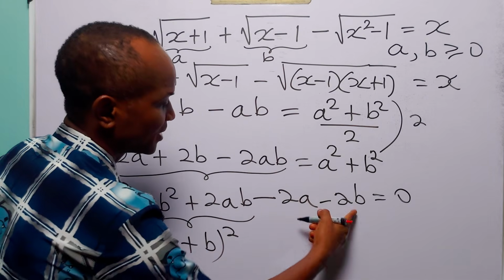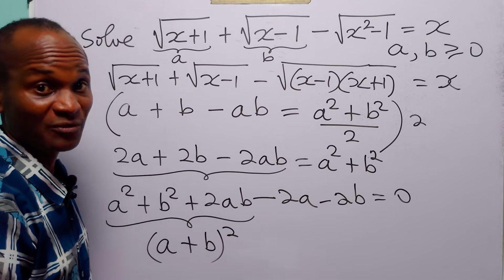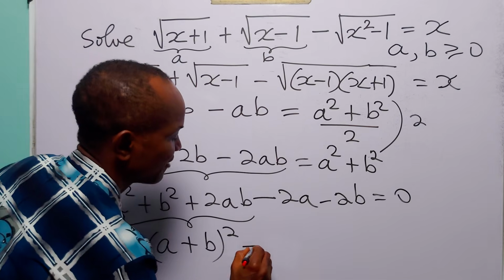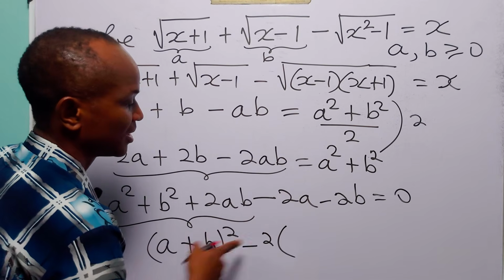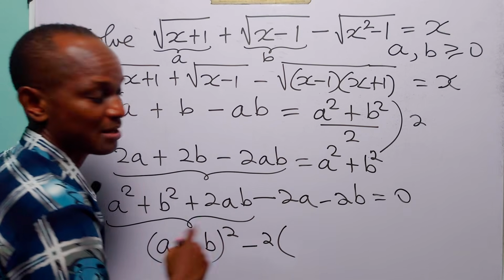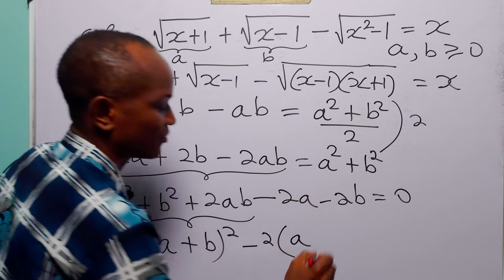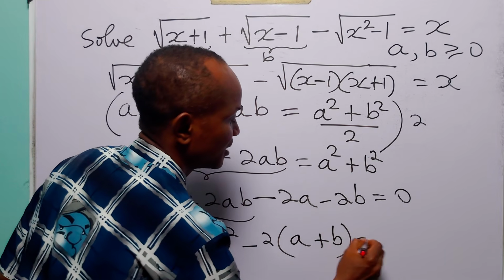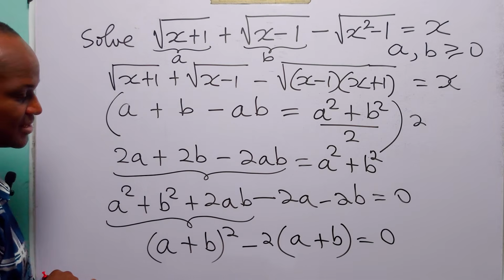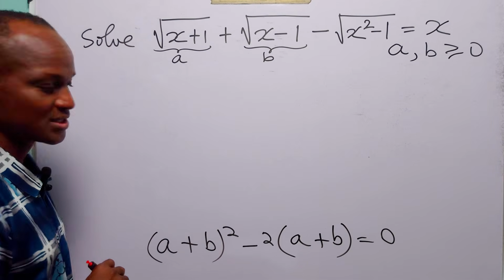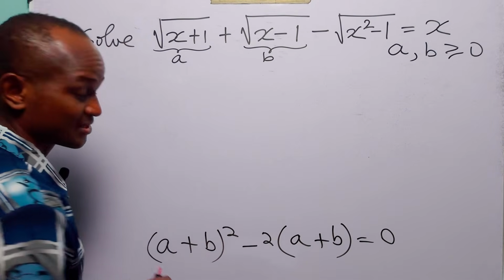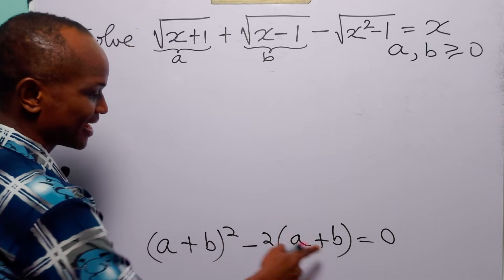Now here, when you look at these two terms, you'll see a common factor, which is 2. So we have minus 2 into minus 2a divided by minus 2 is a, and minus 2b divided by minus 2 is b, and this is equal to 0. And once more, when you look at these two terms, you'll see a common factor, which is a plus b.